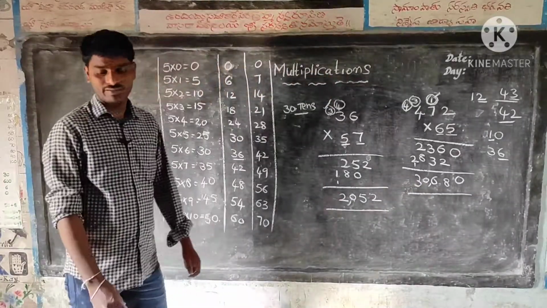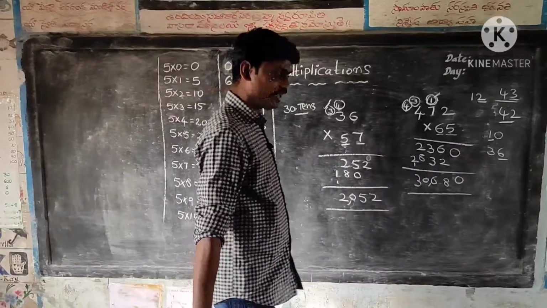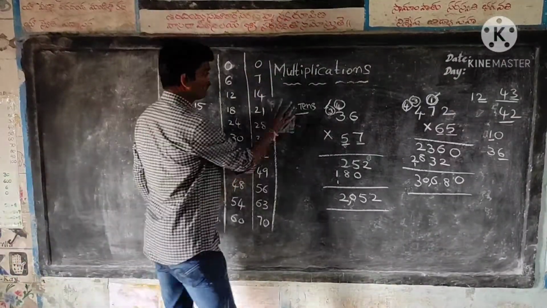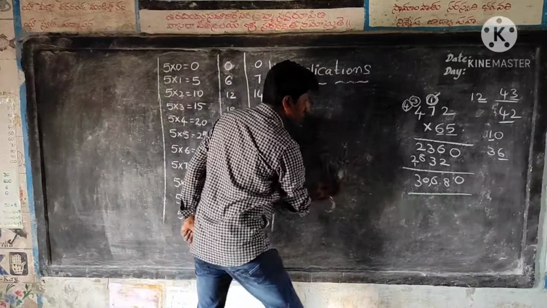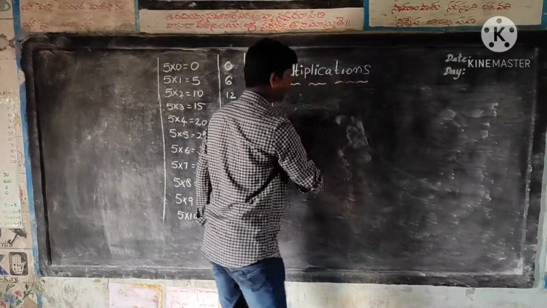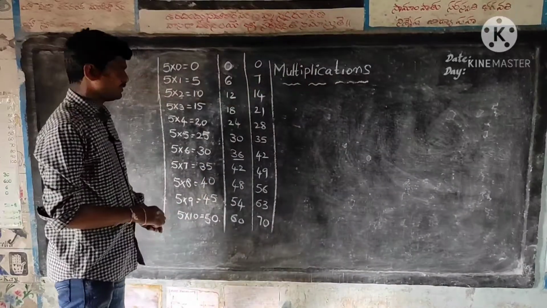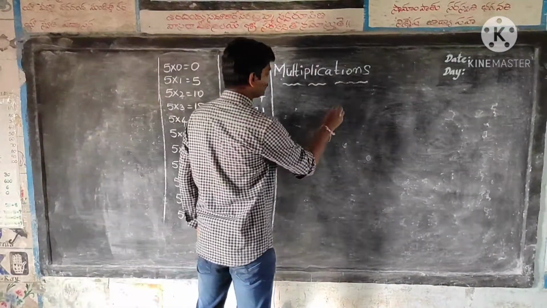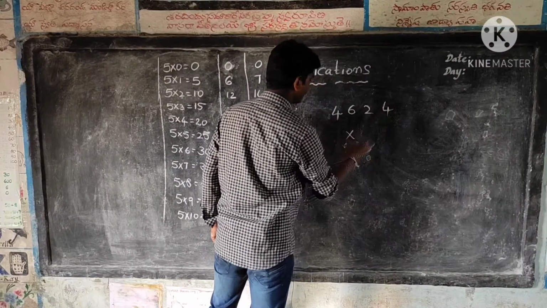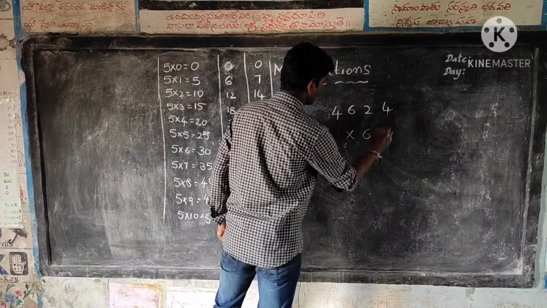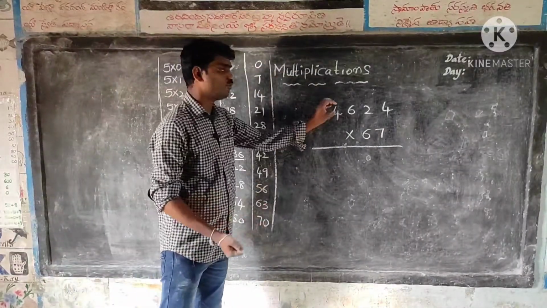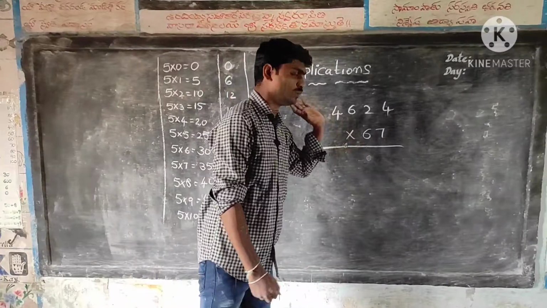Okay beta, right. Next I will give the last example to you. Now I am taking here 4 digits and here 2 digits.